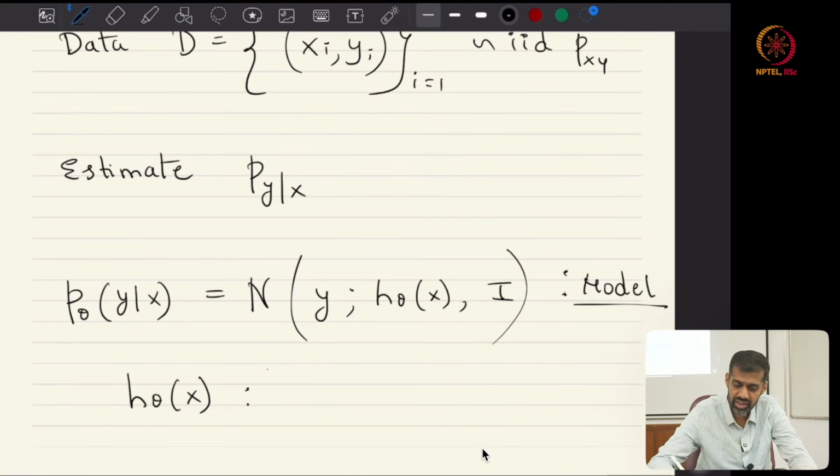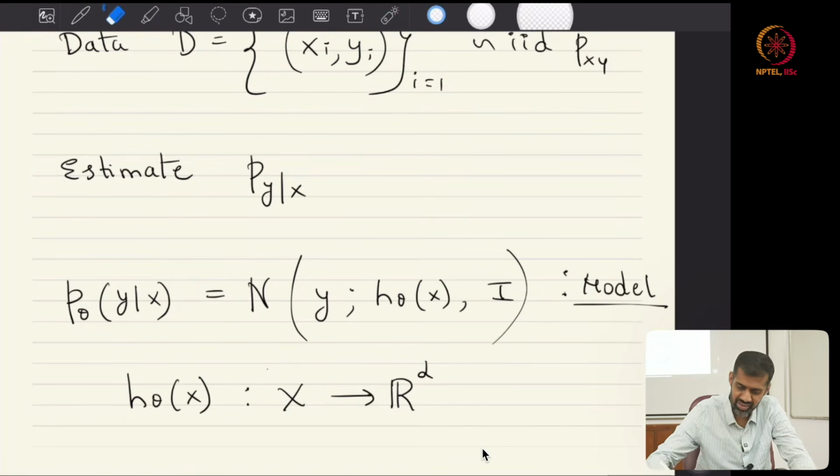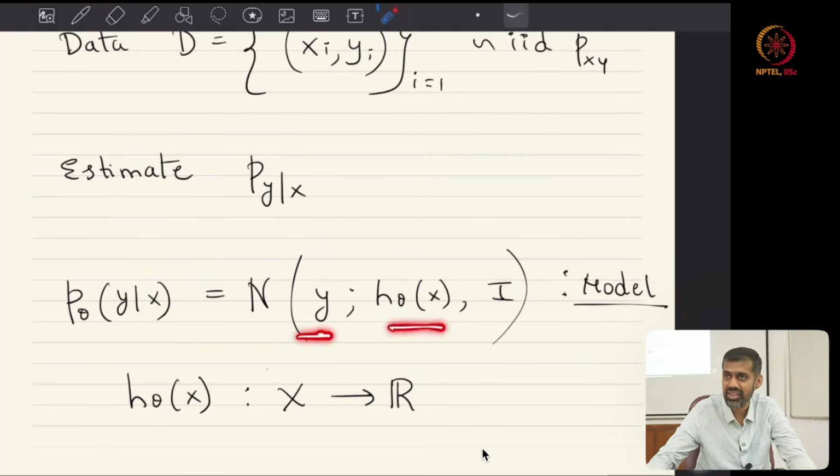This is a function from x to what space? It's in R^D, no? It's from x to R, because it's one dimension. Because the distribution is over y, therefore the mean of that is one dimension. So it's a function from x to R, this canonical function.